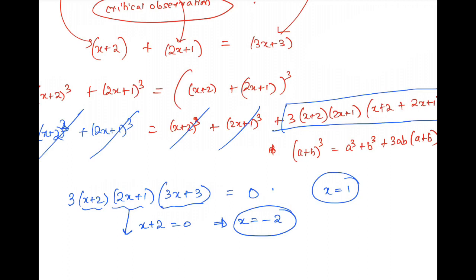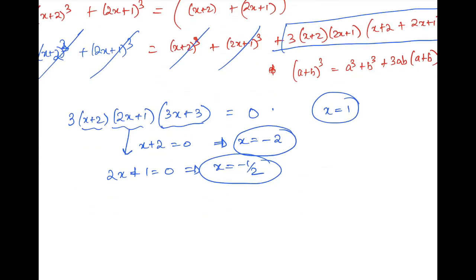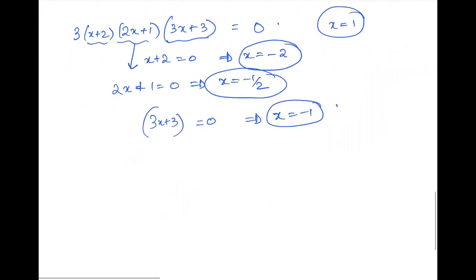From this factor, if we set 2x plus 1 equal to 0, we get x equals -1/2, and if we set 3x plus 3 equal to 0, we get x equals -1. So we actually get all the solutions: x equals 1, x equals -1/2, x equals -2, x equals -1.